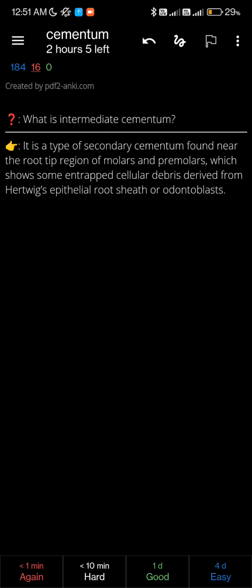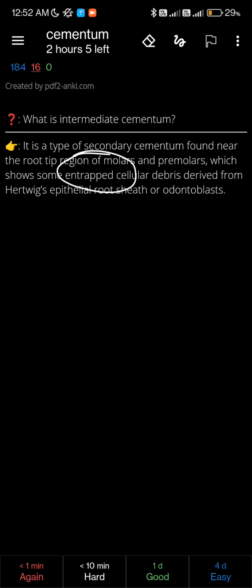So what is intermediate cementum? Intermediate cementum is a secondary cementum which is found near the root tip, which shows some entrapped cellular debris derived from Hertwig's epithelial root sheath and odontoblast.